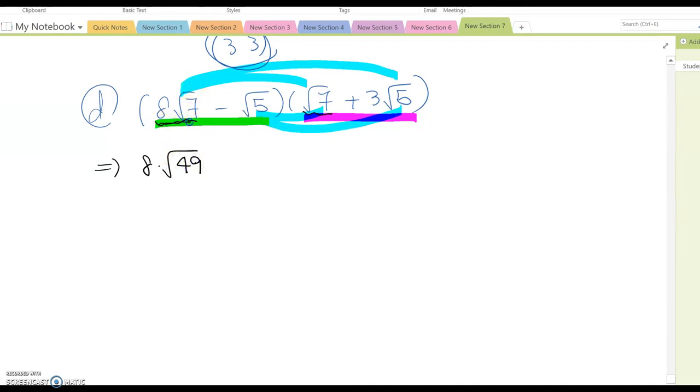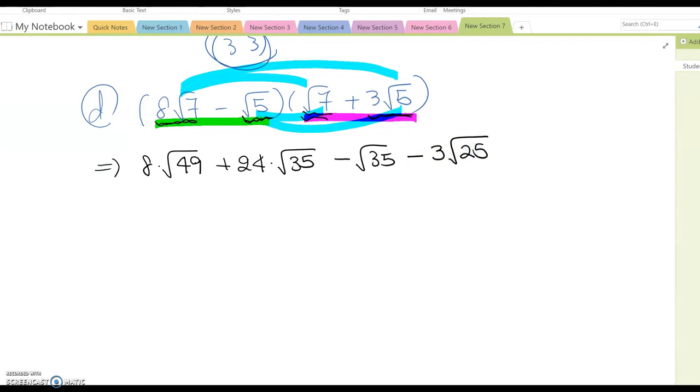Now 8 root 7 times 3 root 5 becomes plus 24 times root 35, and then minus root 5 times root 7 becomes minus root 35, and then minus root 5 times plus 3 root 5 becomes minus 3 root 25.